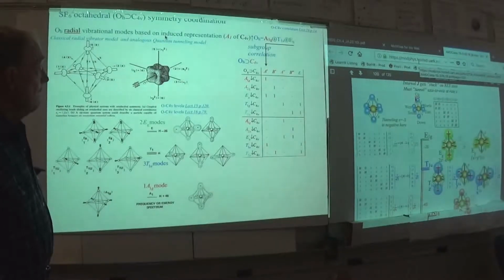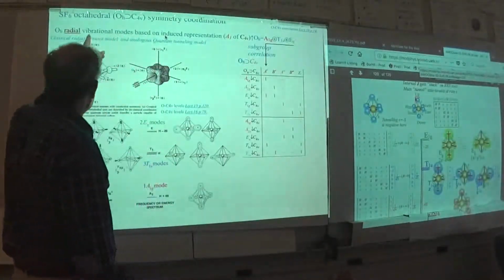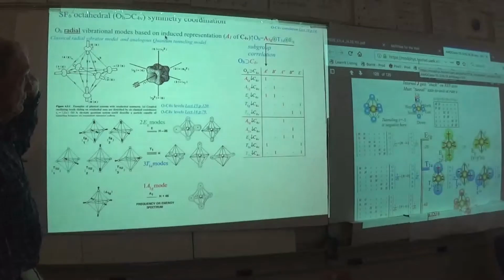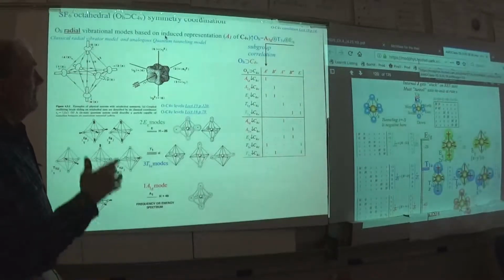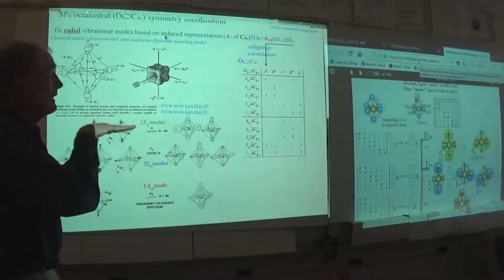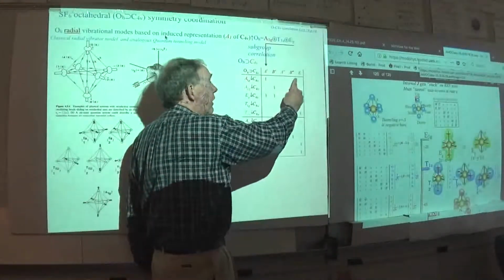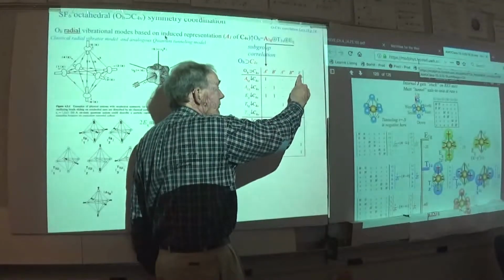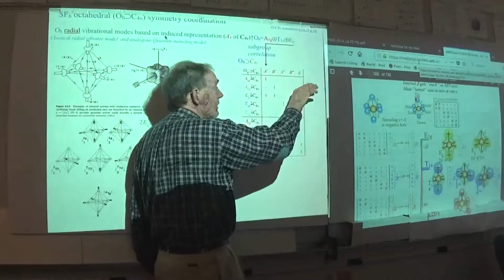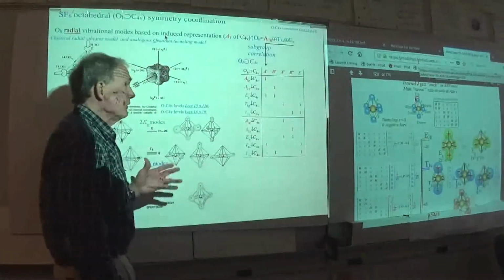Now, what we need to get off of the A radial vibrational modes and get the rest of this problem going here is to look at the transfers, that is, do an induction involving the E two-dimensional representation of the two vectors that are perpendicular to the z-axis.